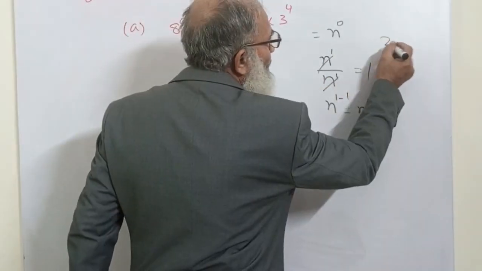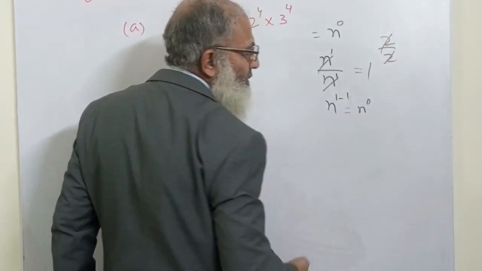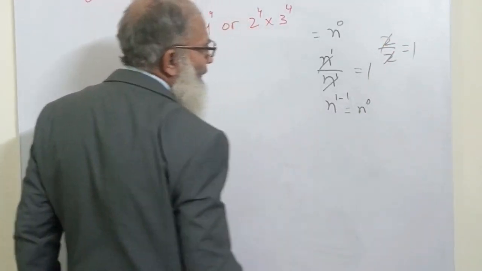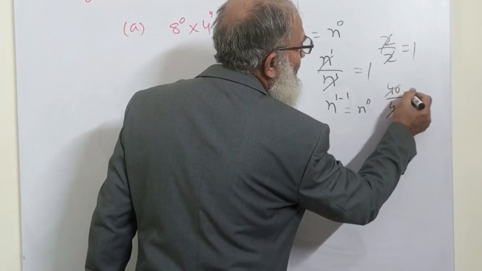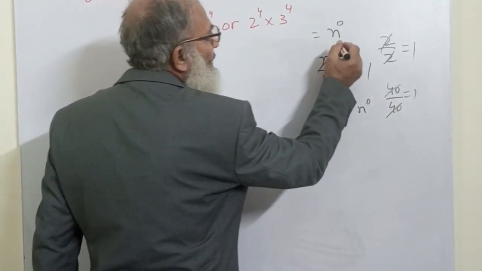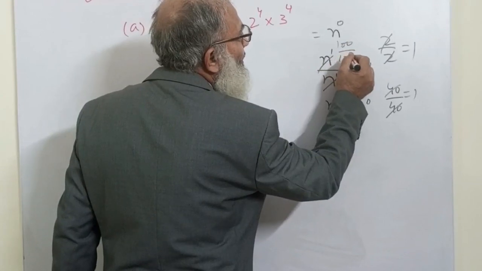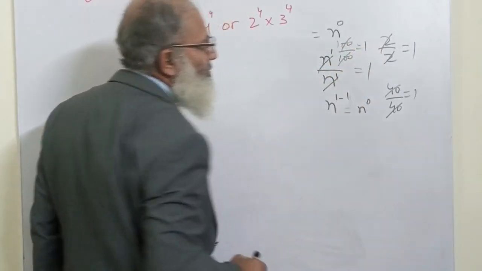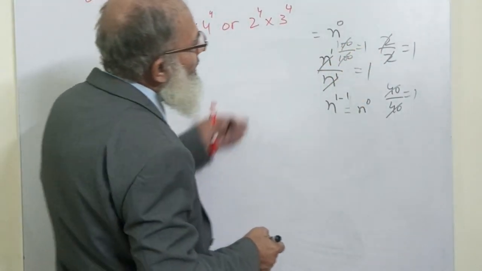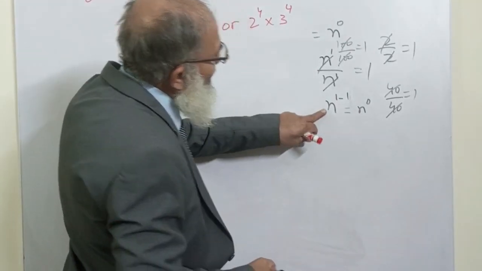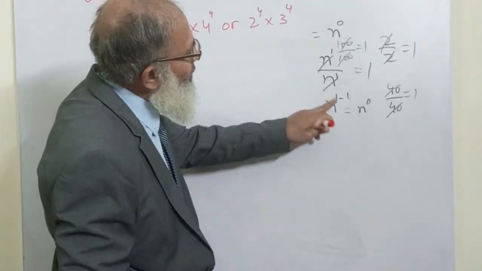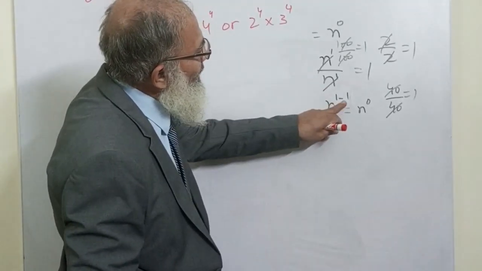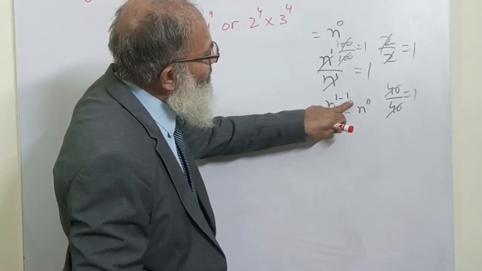Just like 2 divided by 2 is equal to 1, 40 divided by 40 is equal to 1, 100 divided by 100 is equal to 1. Because when the bases are the same and they are in division, we subtract their powers.